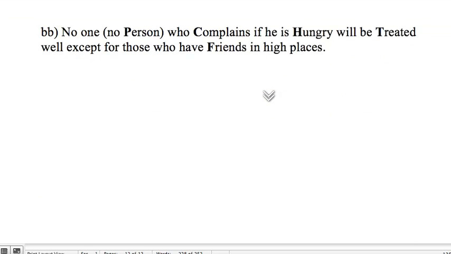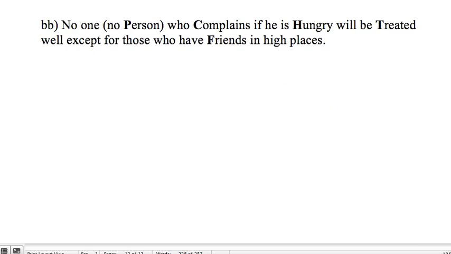Finally, no one, that is to say no person who complains if he is hungry, will be treated well except for those persons who have friends in high places. This is even more complicated. Give it a try. Well, it's a universal. It's about all members of a certain class.